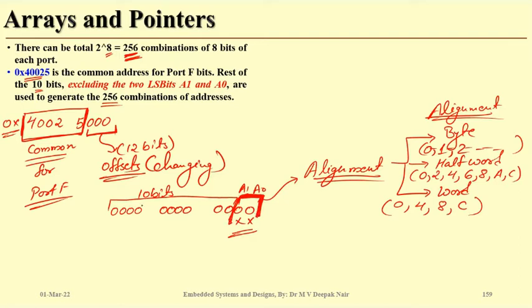That's why out of 12 bits, only 10 bits are used, and the rest of the 2 bits, A1 and A0, are not used because ARM always tries to manage that alignment of memory. Whatever combination you want to generate, you can generate by changing these 10 bits, leaving the rest of the 2 bits.